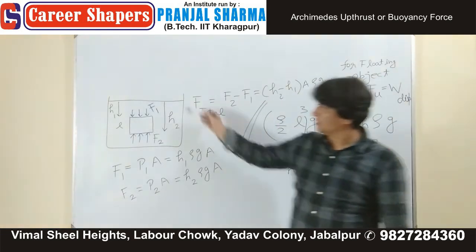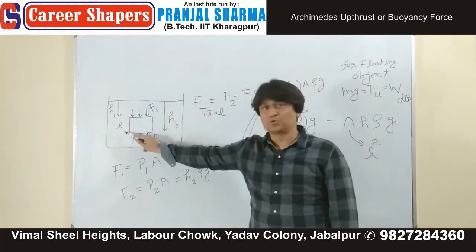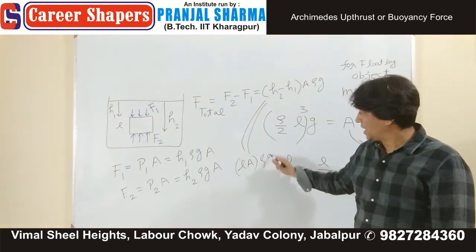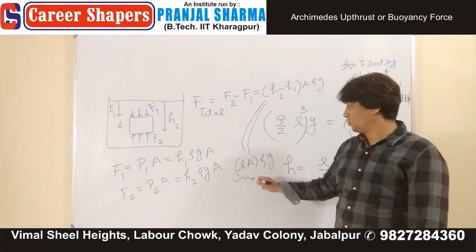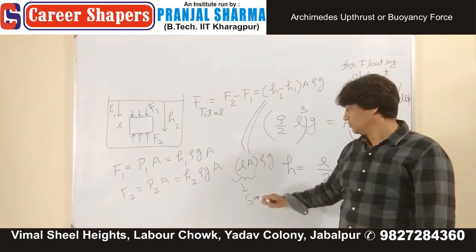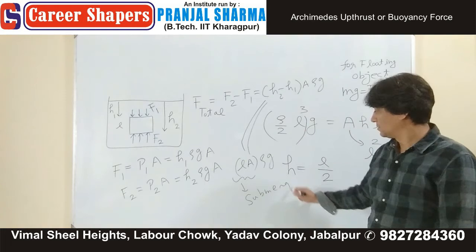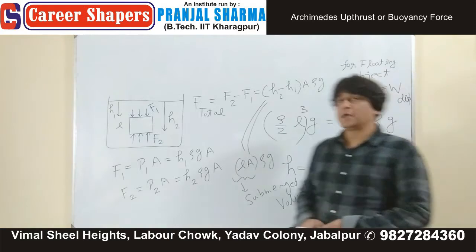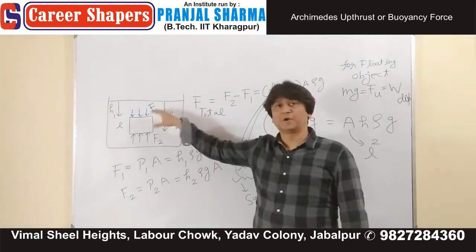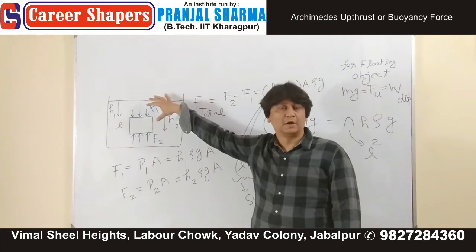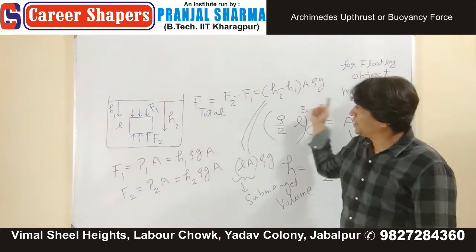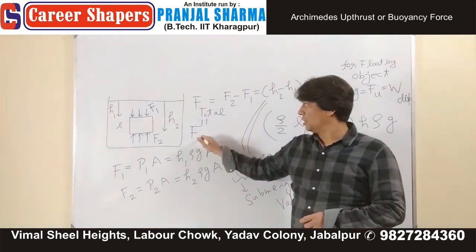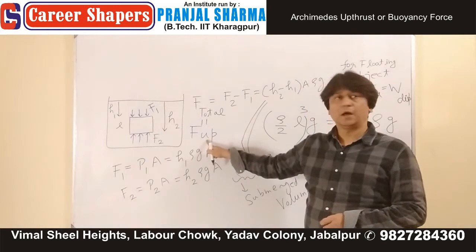H2 minus H1 is L, so it is L into A multiplied by rho g. What is L into A? Submerged volume. So it doesn't matter if some liquid is present on the top portion. Ultimately, when you find your F total, this F total will always be in the form of upthrust.